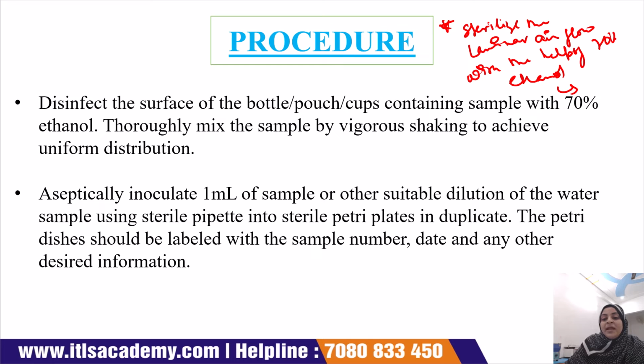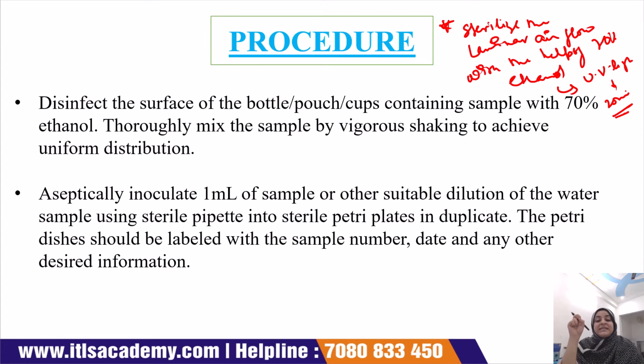Then we switch on the UV light for 20 minutes. Then after that, we take a sample bottle or sample pouch, anything in which the sample is present. Then we disinfect, or you can also say sterilize, the mouth of the bottle or pouch with the help of 70% ethanol.